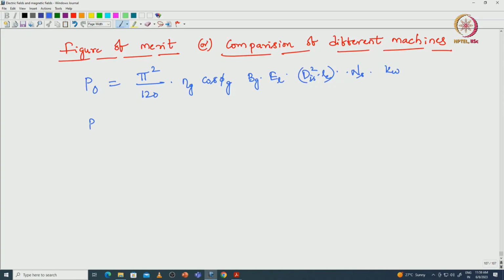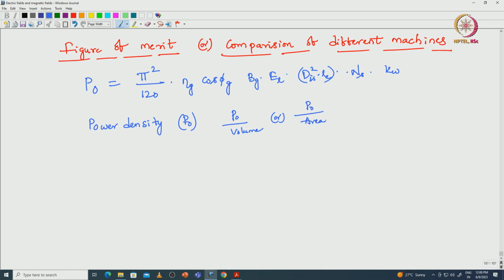That figure of merit is the power density. Power density, that is the output power P0 per unit volume or power per unit area.